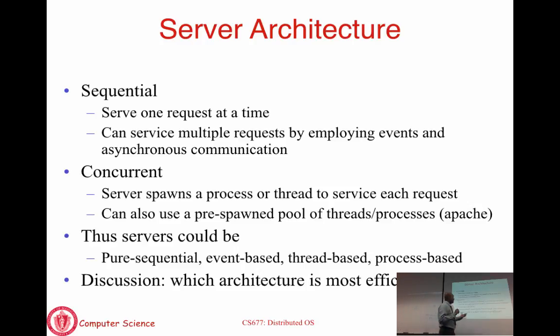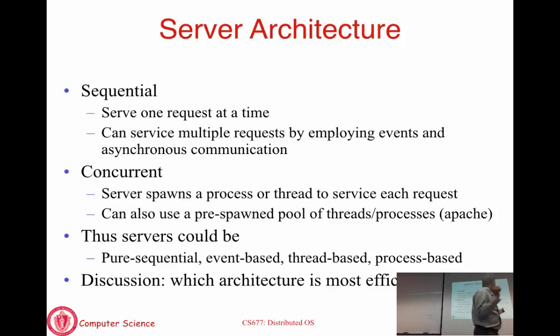Now, thread-based and process-based servers both add concurrency. You have more than one thread or more than one process available to service requests. So when more than one request comes in, you can hand them to individual threads or processes and say, go process them concurrently or in parallel. Each of these slave threads or slave processes is going to do the processing and send back a reply.